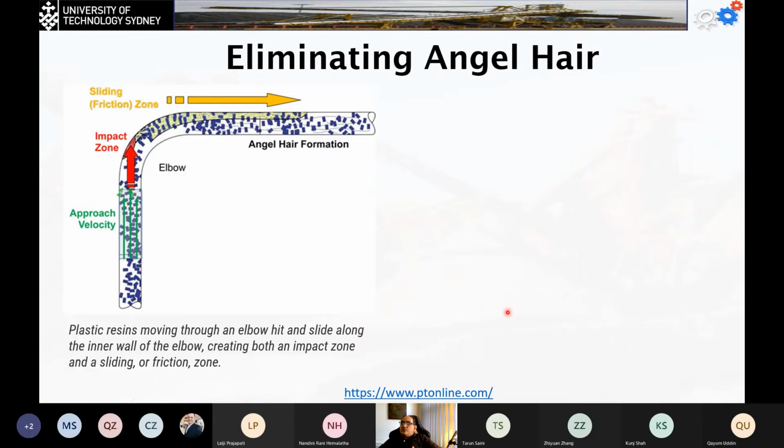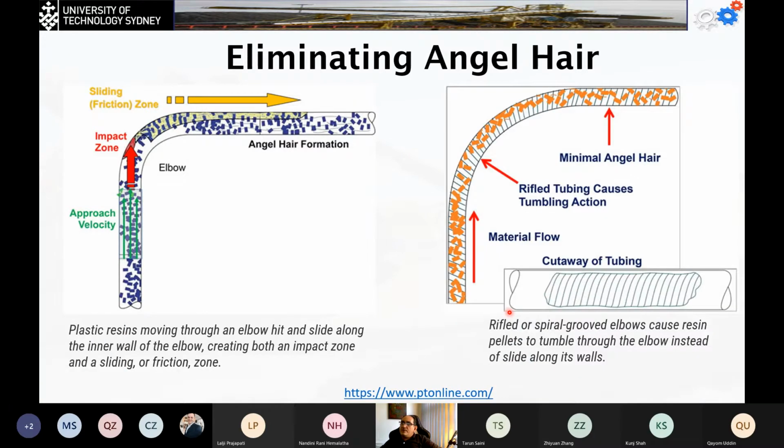So to overcome this problem, we can simply have the cutaway tubing, which is going to be a riffled or spiral-grooved elbow, which causes the resin pellets to tumble out through the elbow instead of sliding along its wall. We're going to have it this way. It starts to rotate and leave instead of creating the angel hairs.